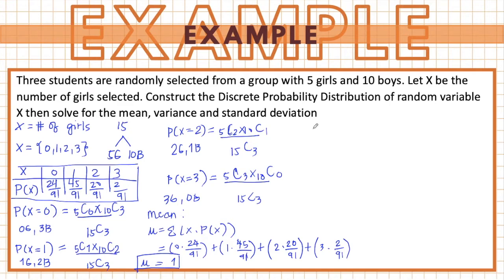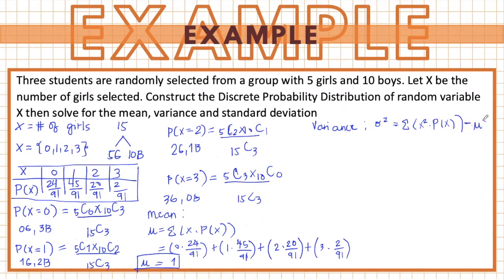Next is the variance and the standard deviation. So to solve for the variance, our formula is variance is equal to summation of x squared times probability of x minus mean squared.